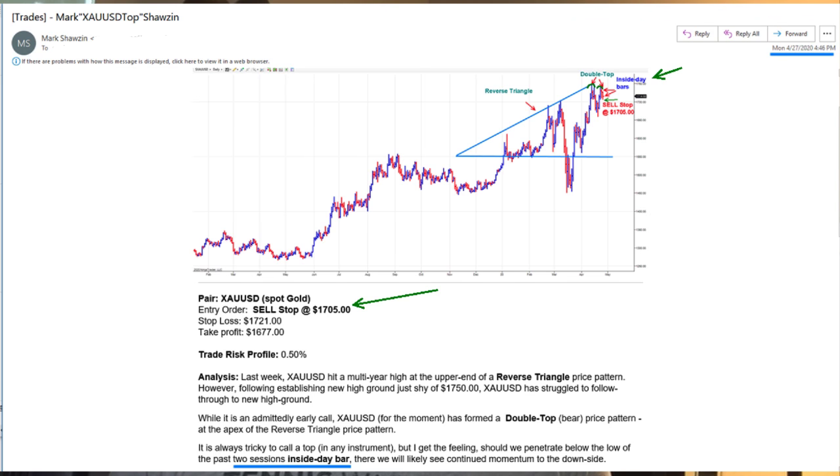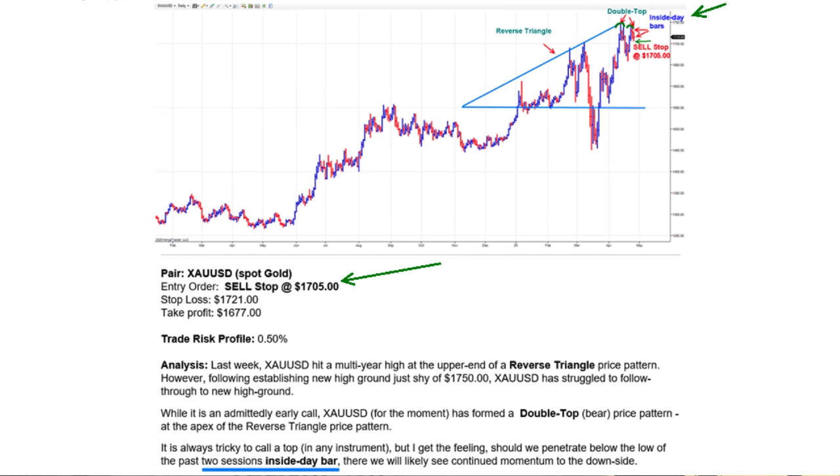A couple of days ago, I sent out an email to our members suggesting that they put a sell stop in gold at 1705, which was triggered. And you have the same set of conditions, where in gold you're trading at the top of a very large reverse triangle.